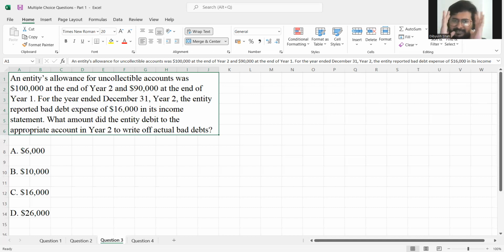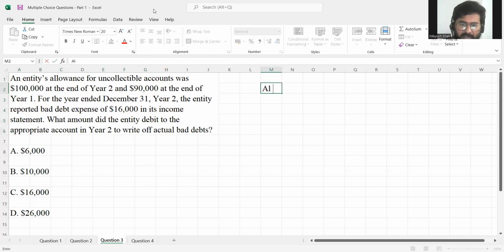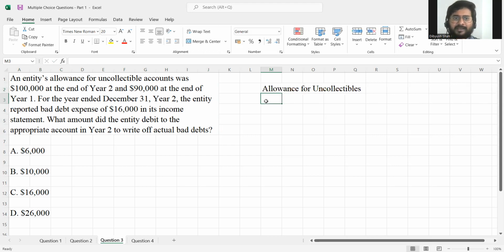So see, in this question, you have to understand they are giving us information about which ledger? Allowance. So we have to prepare the ledger for the allowance account. The question is telling us the allowance was 100,000 at the end of year 2 and 90,000 at the end of year 1.